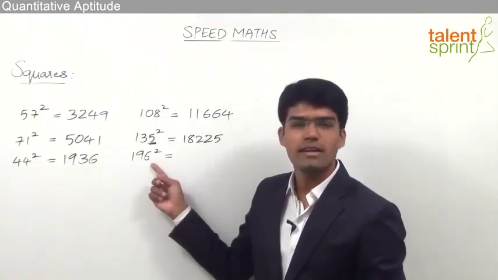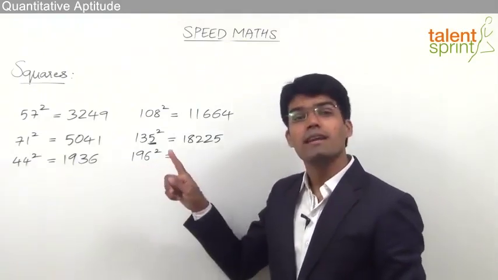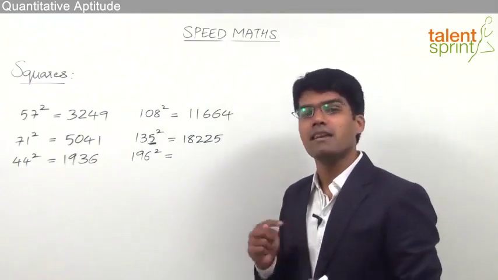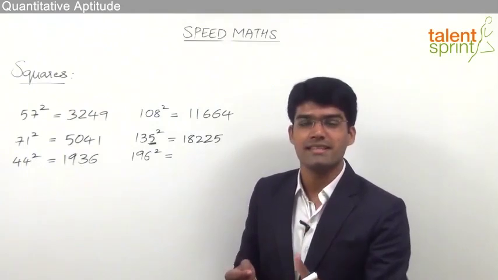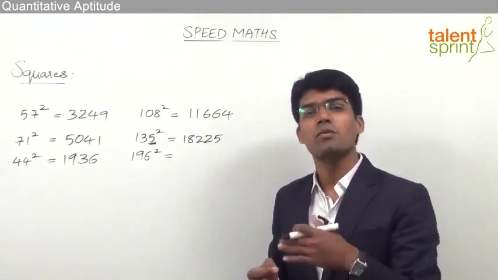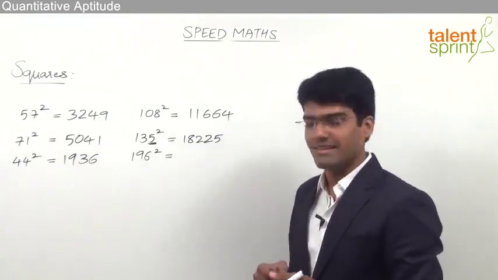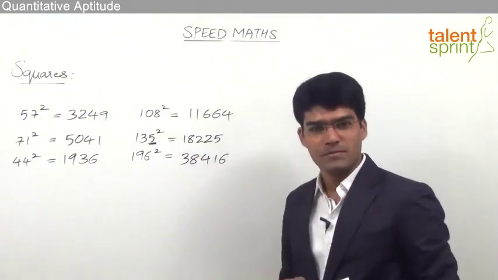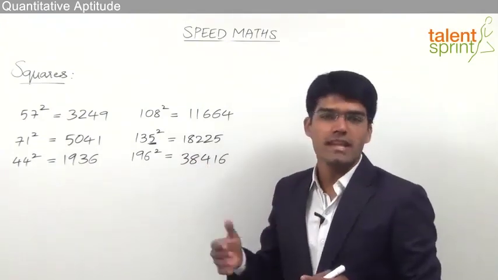So when the base is 200, it should be taken as 4x into 100. So minus 4 should be taken 4 times. Minus 4 into 4, minus 16. Minus 1600. So the first term is 40,000. The second term is minus 1600. This gives us 38,400. 38,400 plus 4 square, that is 16. So the answer here will be 38,416.